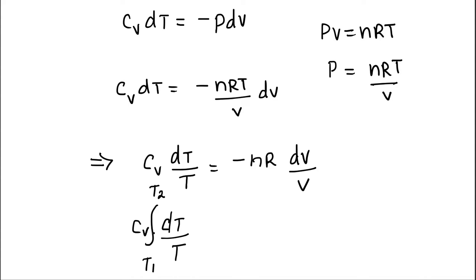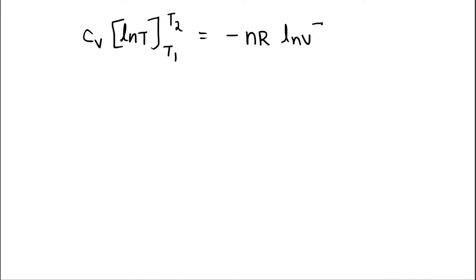CV is outside, and here negative nR, integral V1 to V2 dV over V. If we get the integration for this, we get CV ln T from temperature T1 to T2 is equal to negative nR ln V from volume V1 to V2.